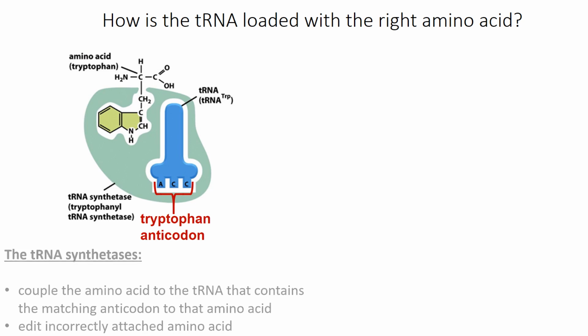And this job is done by yet another enzyme, the tRNA synthetase. This enzyme needs to come in, needs to correctly identify the anticodon for the particular tRNA and connect the correct amino acid. And this machine can also correct its mistakes, meaning it can excise wrongly coupled amino acids and put in the right one.